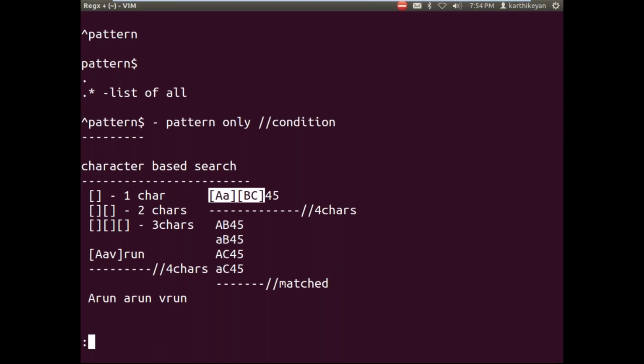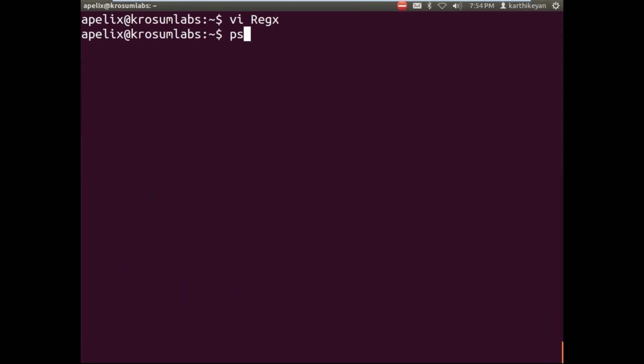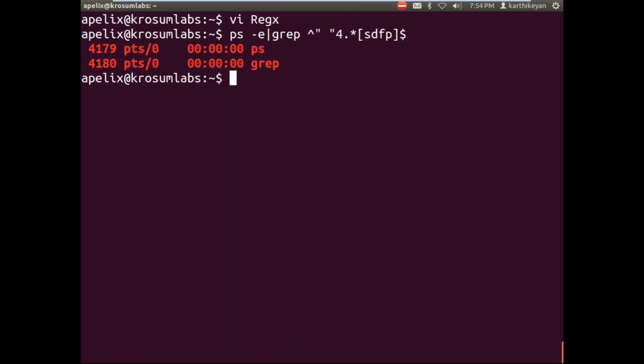This is useful for character based searching. Like the same, list the process: a line starts with a space followed by a number, list all lines that end with any character, something like G, D, S, P, random characters. If it is there, this pattern should print.